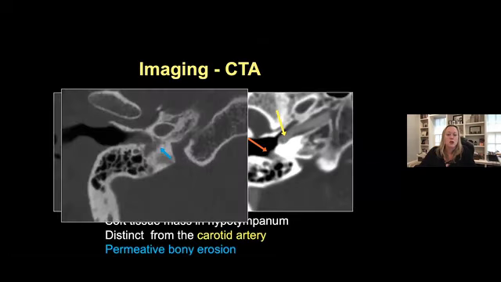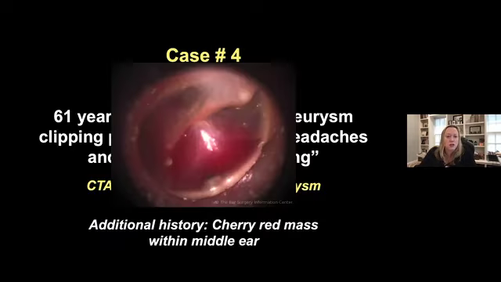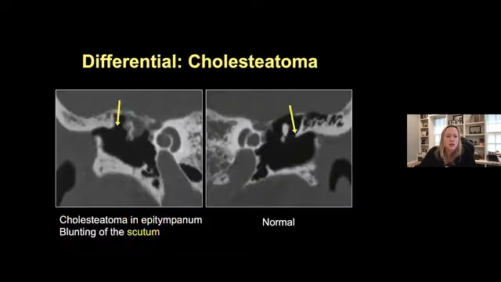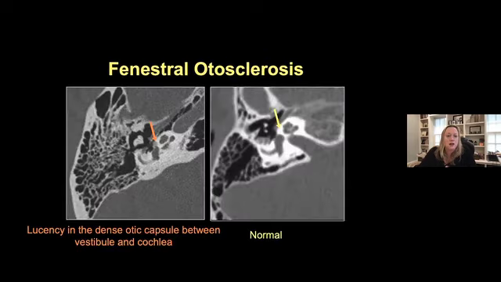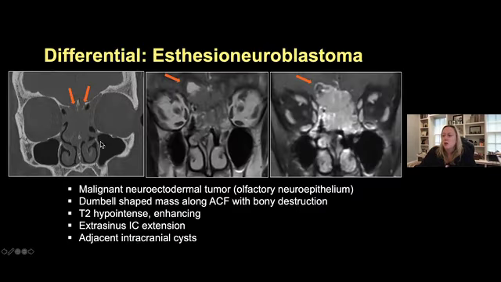To me, erosion is kind of the same thing as destruction. It's irregularly marginated. It's not scalloped. It has an infiltrative appearance. For destruction, I'm going to go back to my esthesioneuroblastoma case, and I think that elucidates it best. Here you can almost imagine where the bone was.